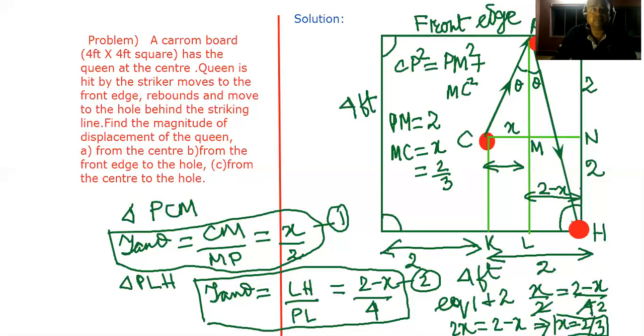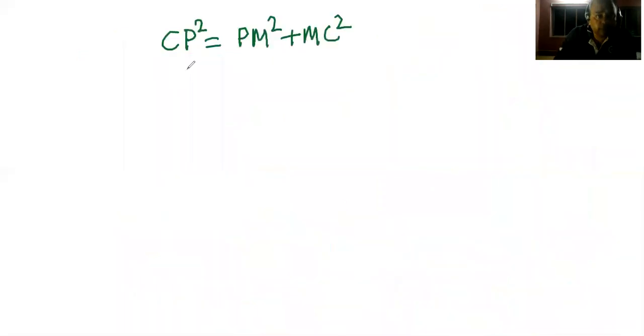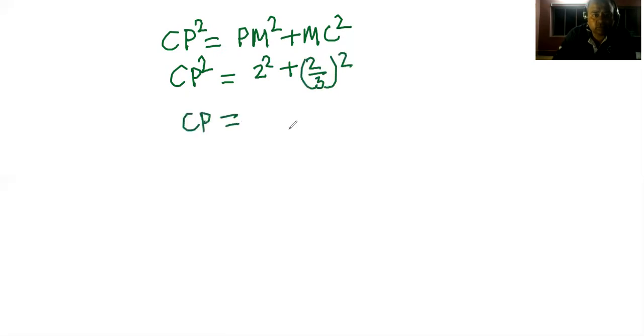So what shall it be? I move on to the next page and quickly put the values over here. So I'll be getting CP square is equal to 2 square plus 2 by 3 whole square. So CP is equal to square root of 4 plus 4 upon 9.